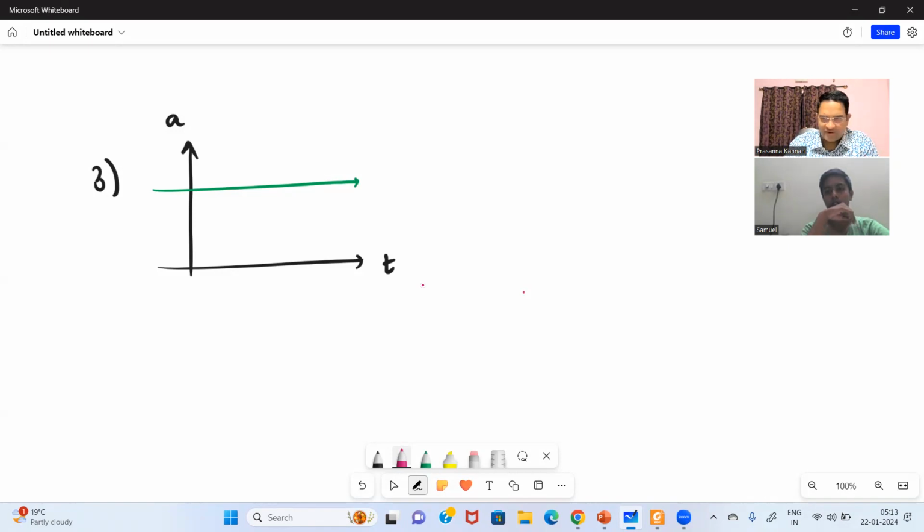No. From the graph. From this particular graph, how do you say it is uniform accelerated motion? What makes you say acceleration is constant?